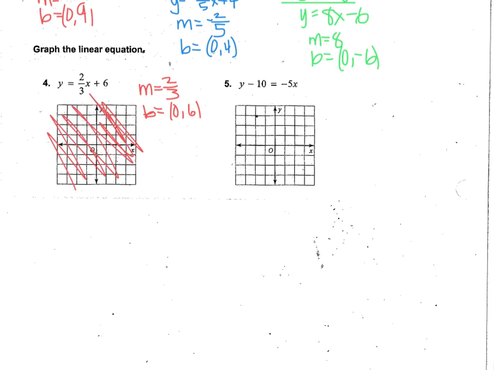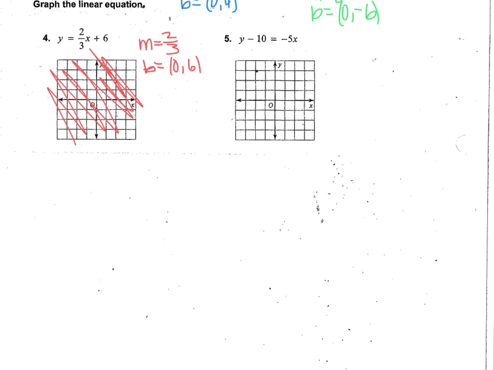So let's make our own. So I'm going to make a grid, and that's my y-axis, that's my x. Okay, that should be good enough. So I'm going to put a dot at 6 on the y-axis. So now I have that. 1, 2, 3, 4, 5. So there's my dot.